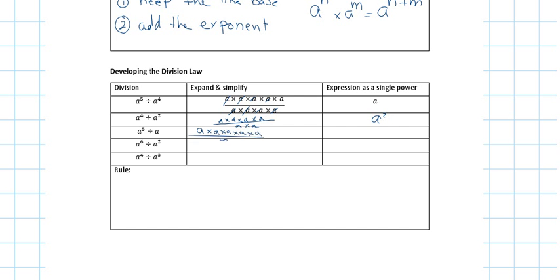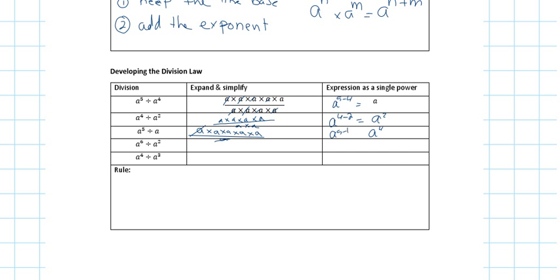In order to find that, what I'm doing here is keeping the base and subtracting the exponent. Yeah? Keep the base, subtract the exponent. 4 minus 2 is 2. If I do 5 minus 1, that's 4.